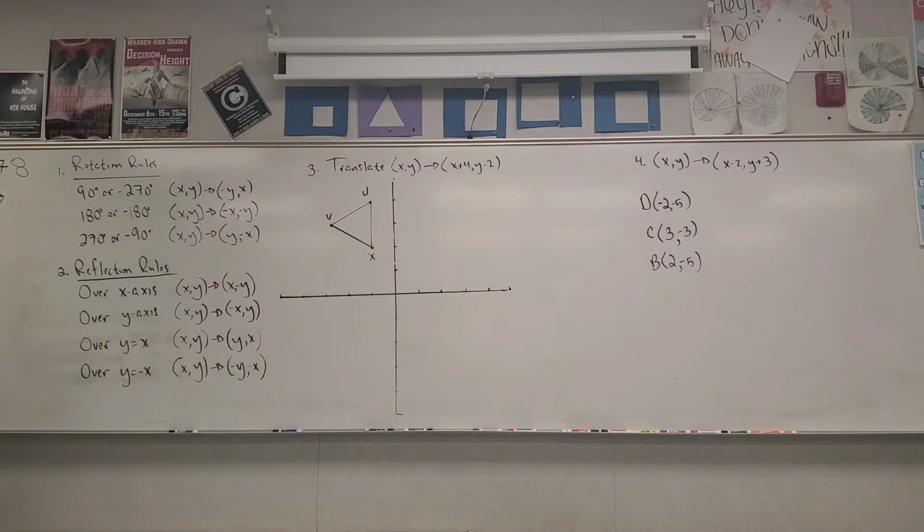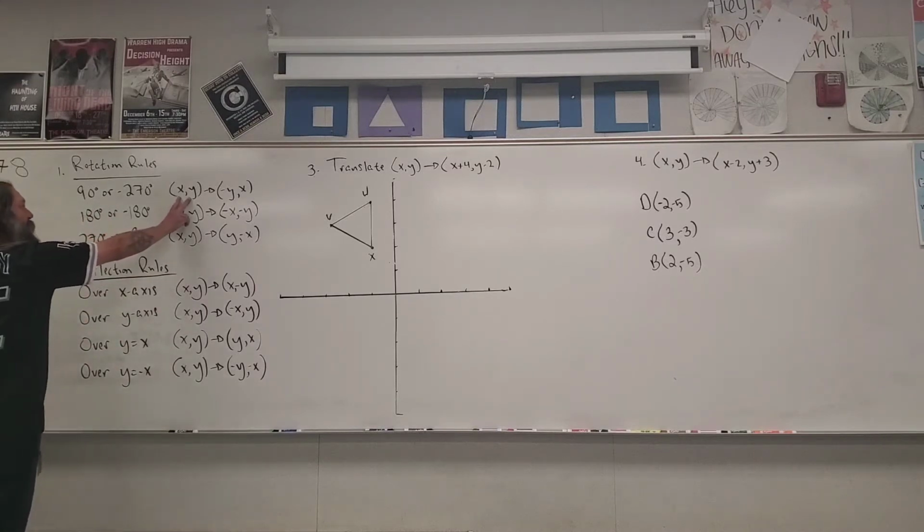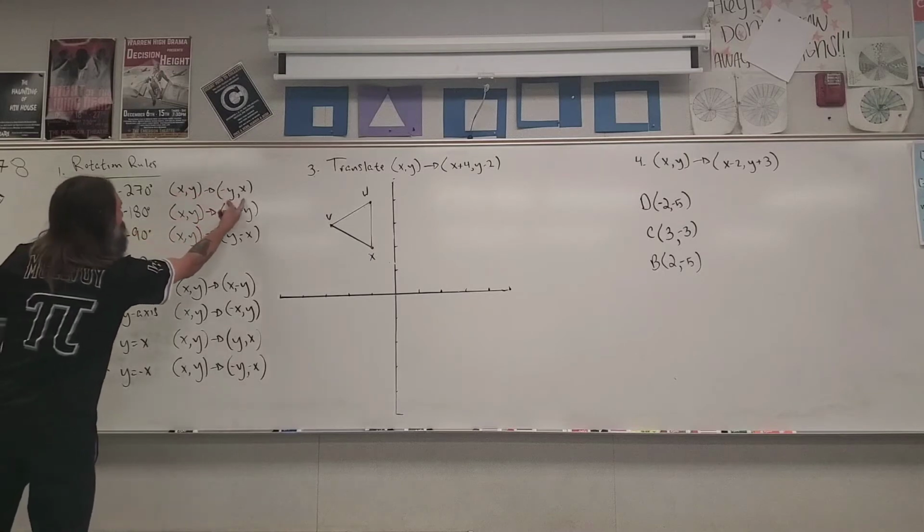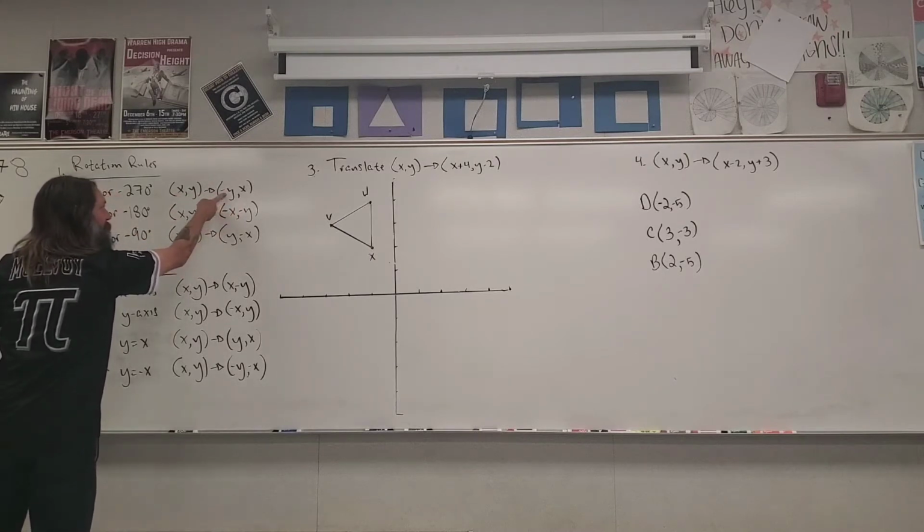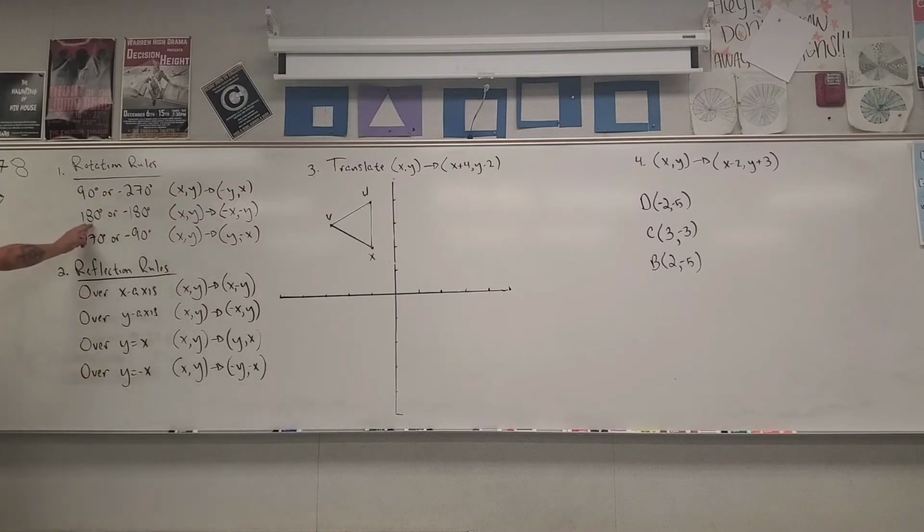So, the answer to problem 1, which is asking for the 3 rotation rules and for you to label them, are these. The first rotation is a 90-degree or negative 270-degree rotation. And what we do is we take our XY coordinate, we switch the order, and change the sign of that value. Our second rotation rule is 180 degrees or negative 180 degrees.